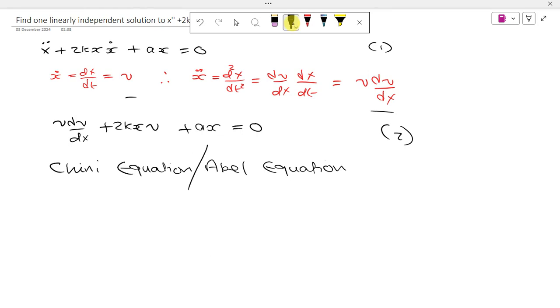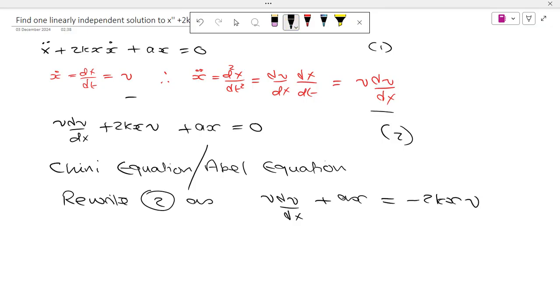And we rewrite equation 2 as v dv by dx plus ax equal to minus 2kx v, and we'll call that equation 3. Okay.